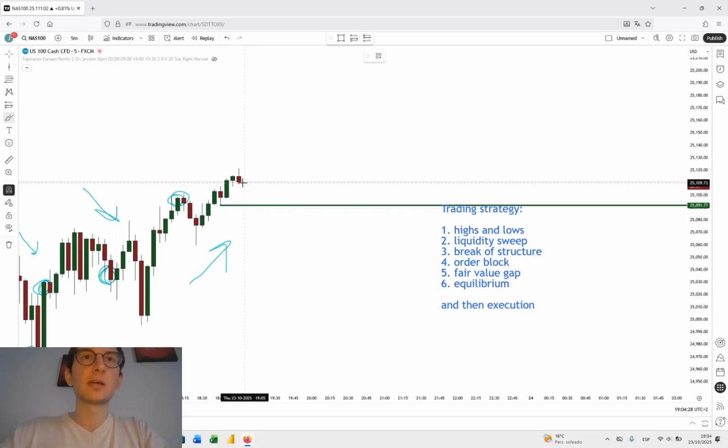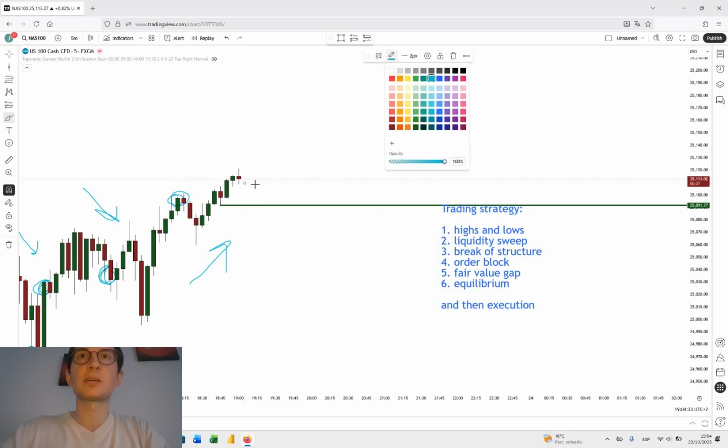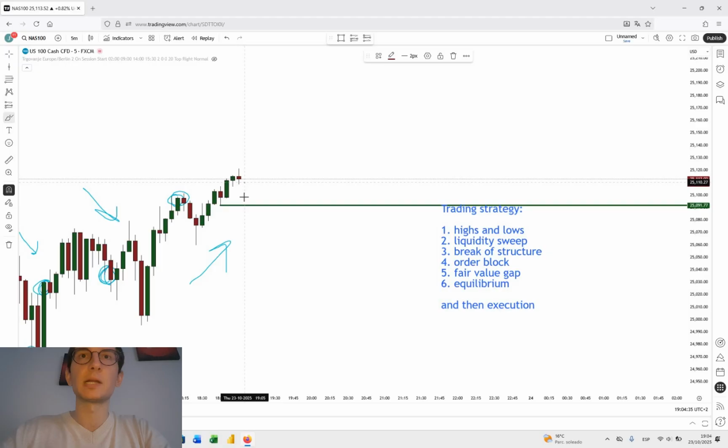This candle right now will close, and then we will have another red candle. Let me take the red color. We will have another red candle that will go directly through the line and close here. This is going to be a red candle. And then we are in a bearish trend again.